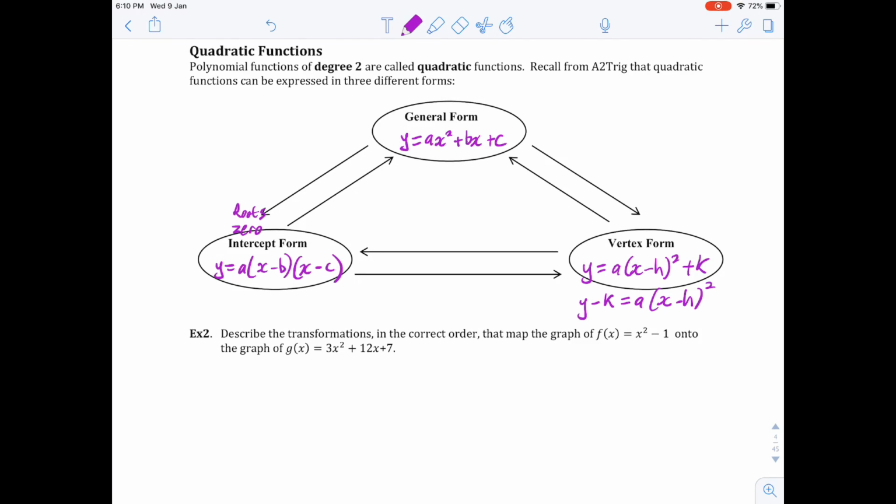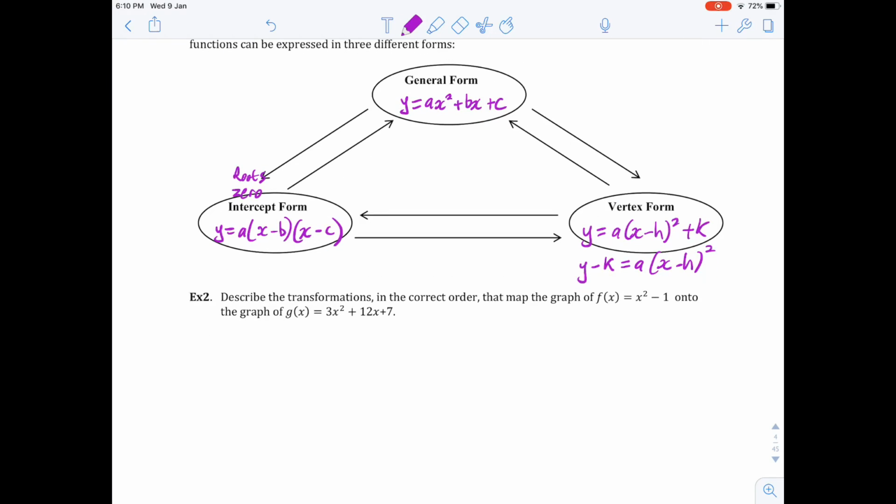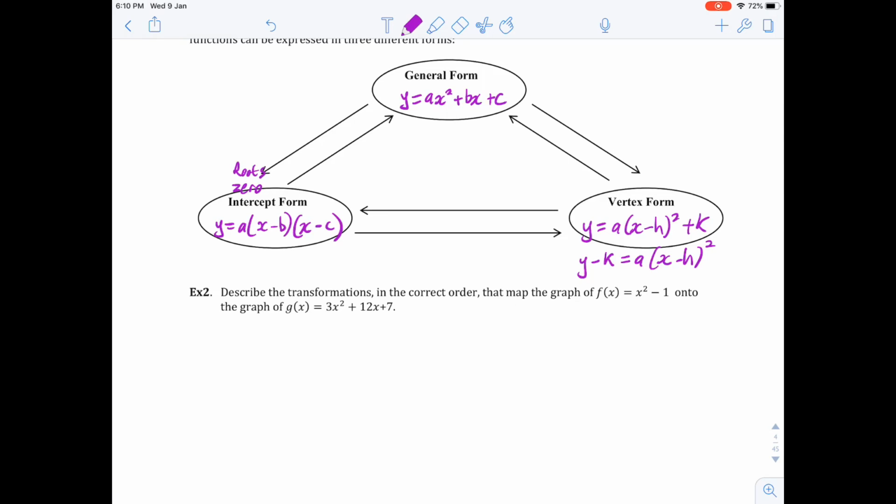Okay, and so we've got the different forms because each of the different forms is going to allow us to solve different kinds of problems. So some forms are more useful for certain kinds of problems, and hence the reason that we need all three different forms of the function.